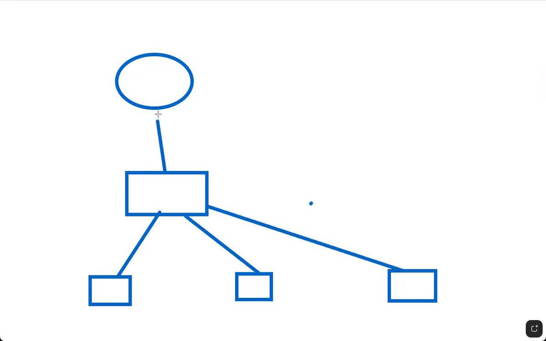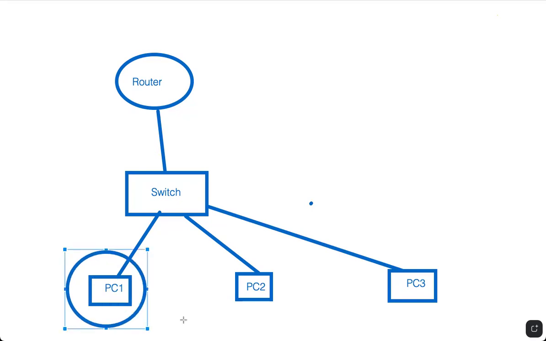The switch connects to the router. Let's say this is in VLAN 10, this is in VLAN 20, and this is in VLAN 30.